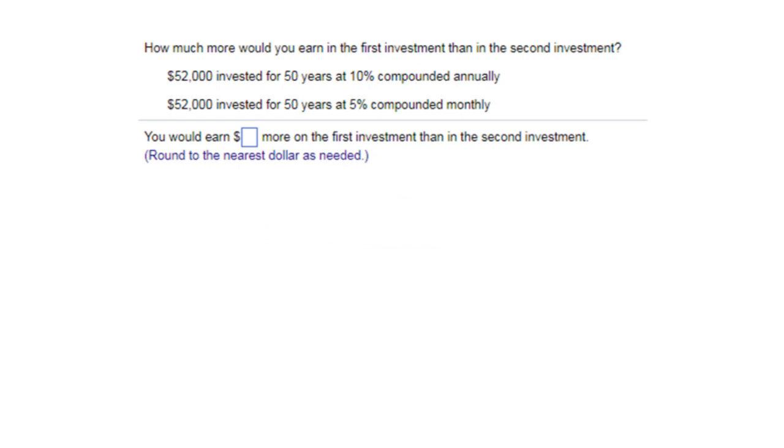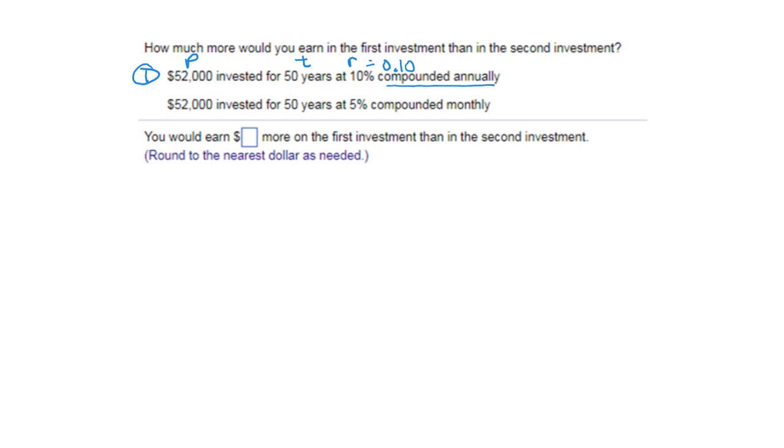How much more would you earn in the first investment than in the second investment? All right, so here is our first investment. We have 52,000 for P, 50 years for time T, and 10%, let me change that to 0.1, or you can put 10 hundredths.